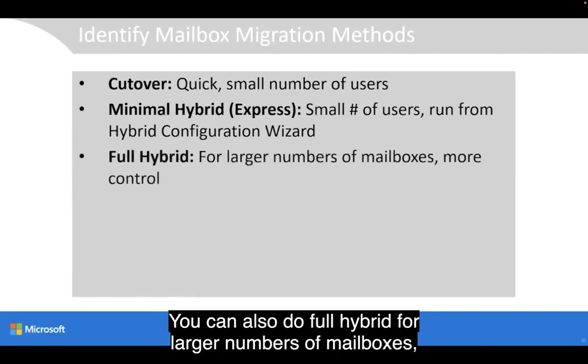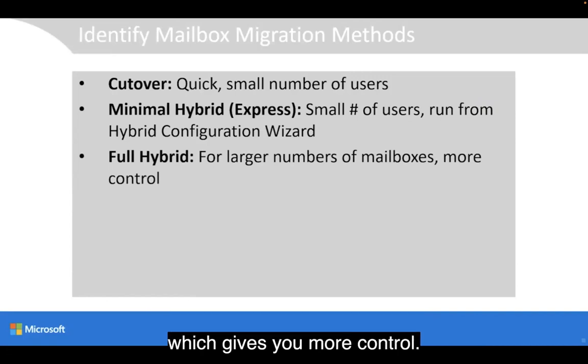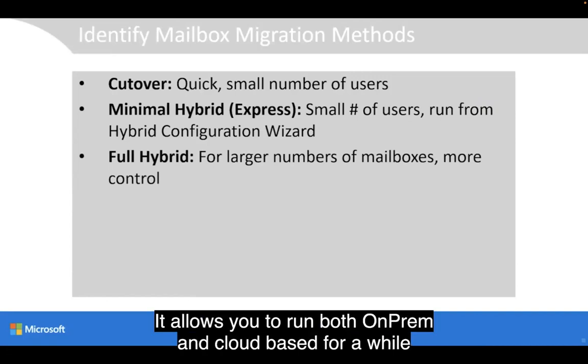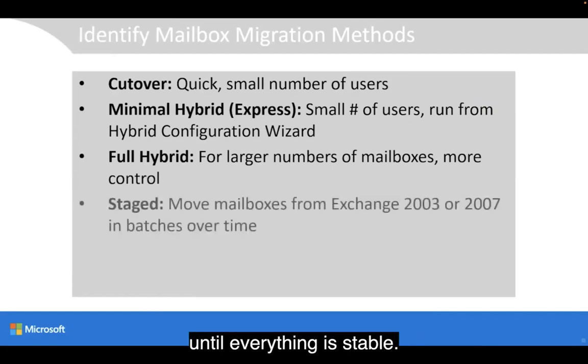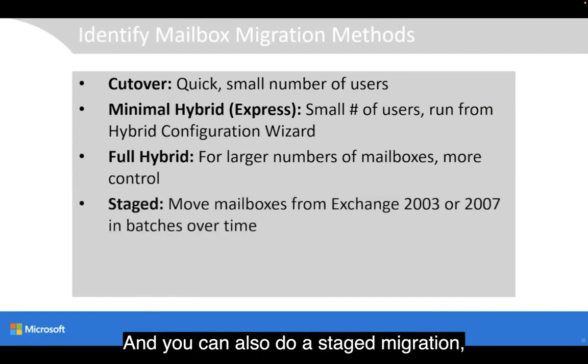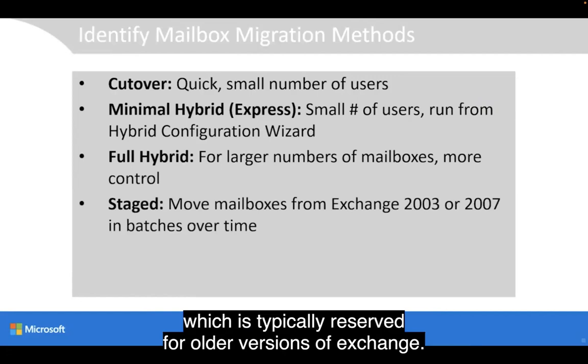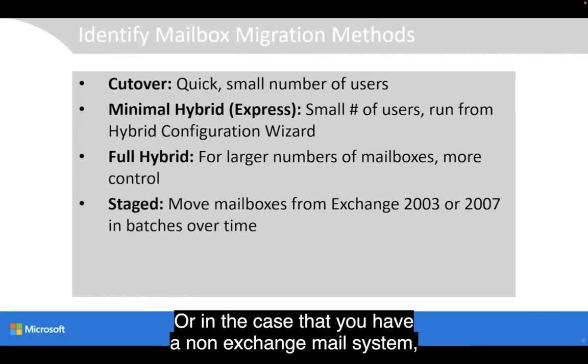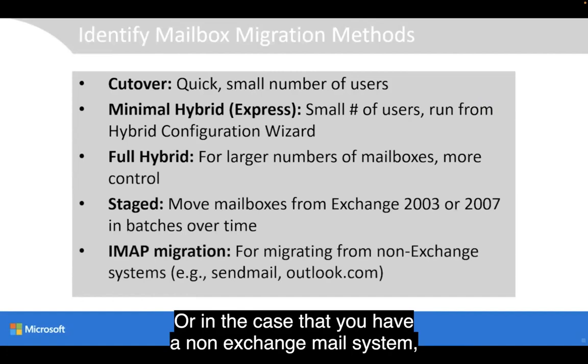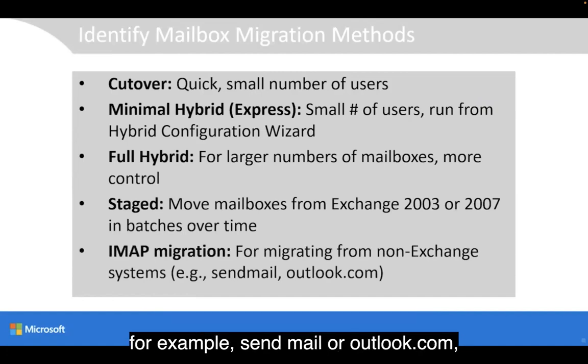You can also do full hybrid for larger numbers of mailboxes, which gives you more control. It allows you to run both on-prem and cloud-based for a while until everything is stable. And you can also do a staged migration, which is typically reserved for older versions of Exchange. Or in the case that you have a non-Exchange mail system, for example, Sendmail or Outlook.com, you can use an IMAP migration to migrate all of your user mailboxes and user data.